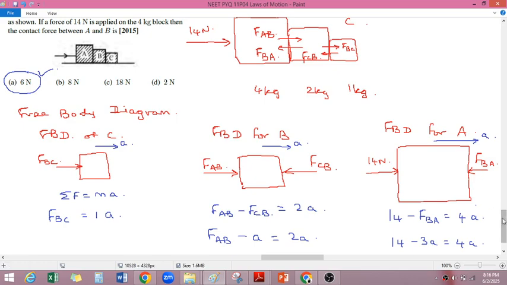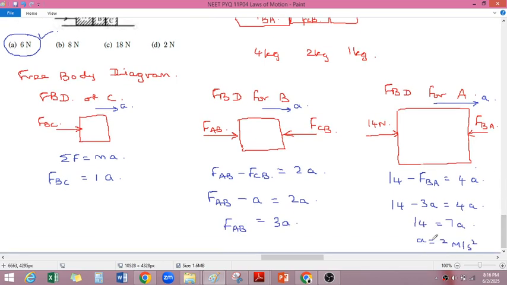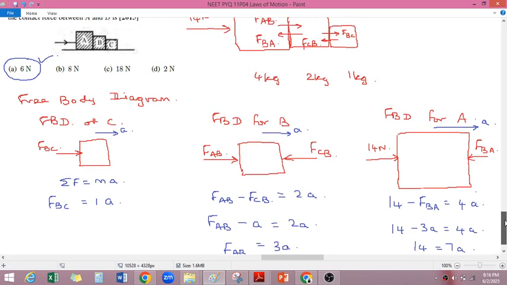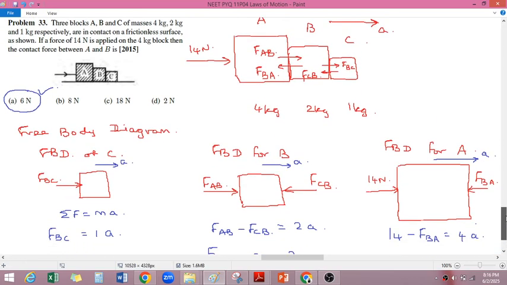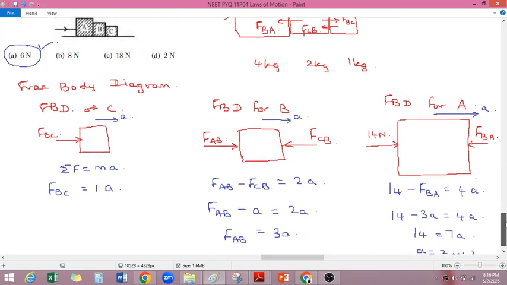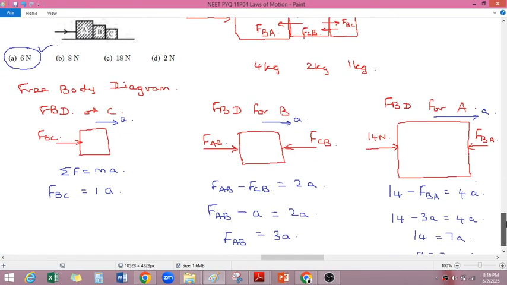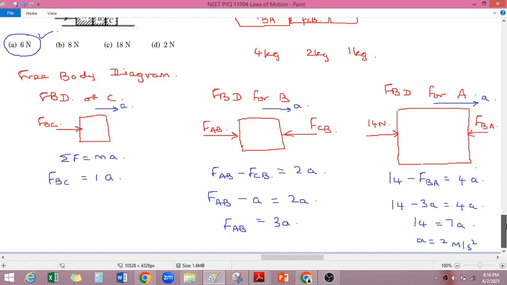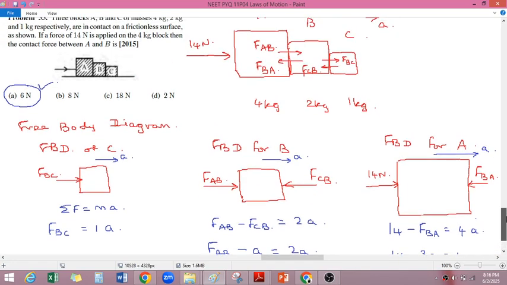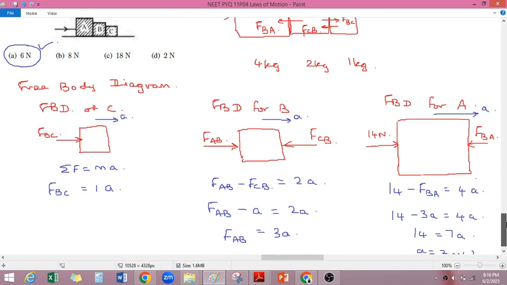So I realized that this is only acceleration, right? So 3 into 2 will give me 6. Any doubts? Very, very important type. I'm sure many times they will ask you this kind of questions. Easy, right? Nothing very difficult if you follow the method.